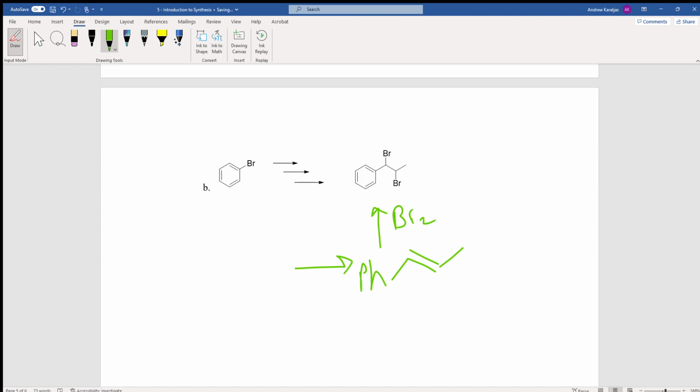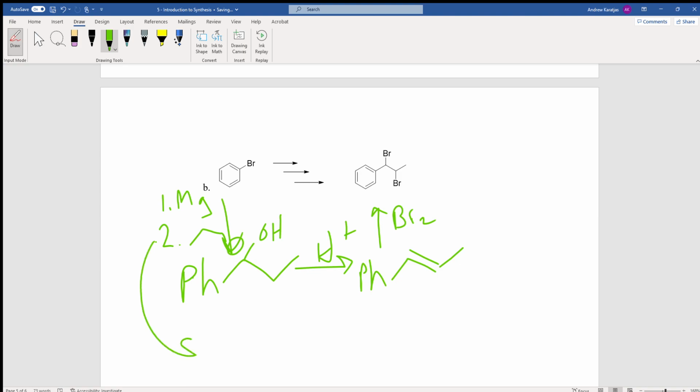And so that alcohol can be eliminated to give us the alkene. And then that alcohol, as we said, is formed by addition of the Grignard reagent to an appropriate carbonyl. Since that is kind of hard to read, we'll redraw that proper carbonyl down here at the bottom.